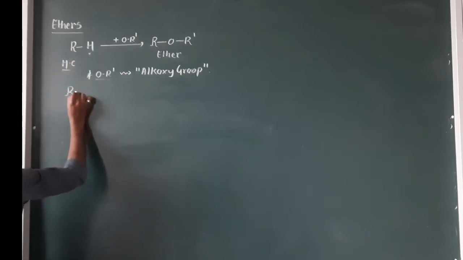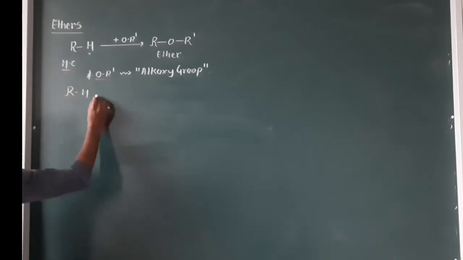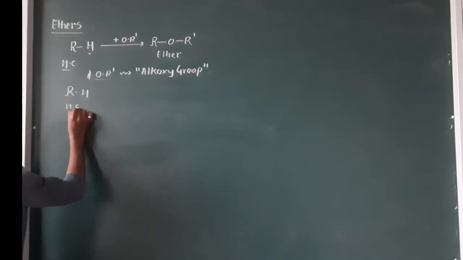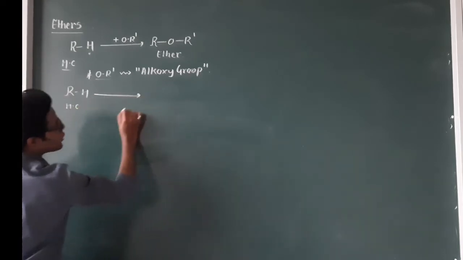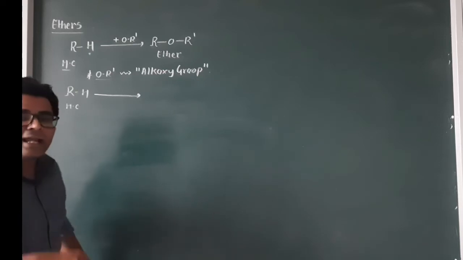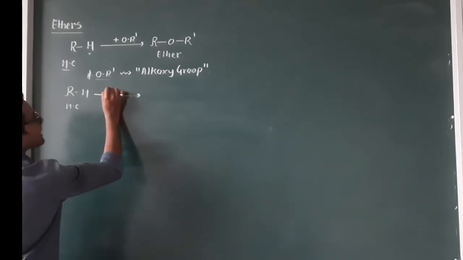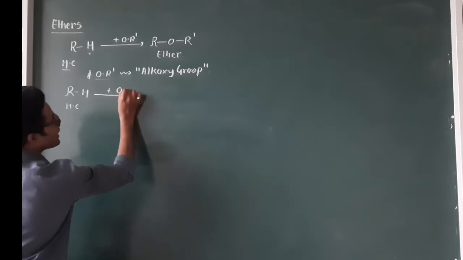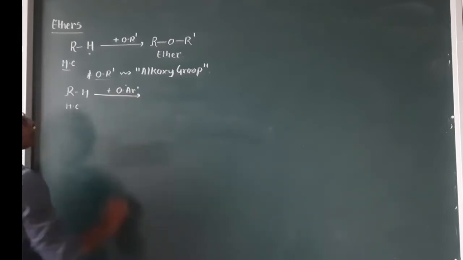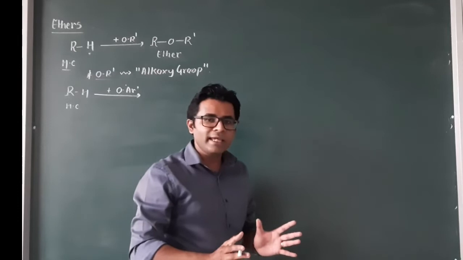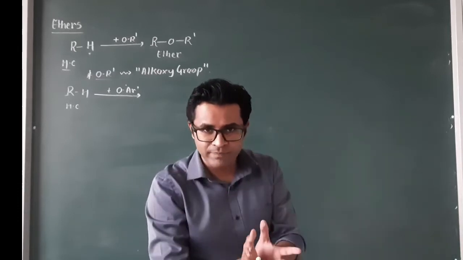Let us take one more hydrocarbon here. This hydrocarbon's hydrogen is going to be replaced by an aryloxy group. Let us represent the aryloxy group with OAr. Here Ar refers to the benzene type of system.